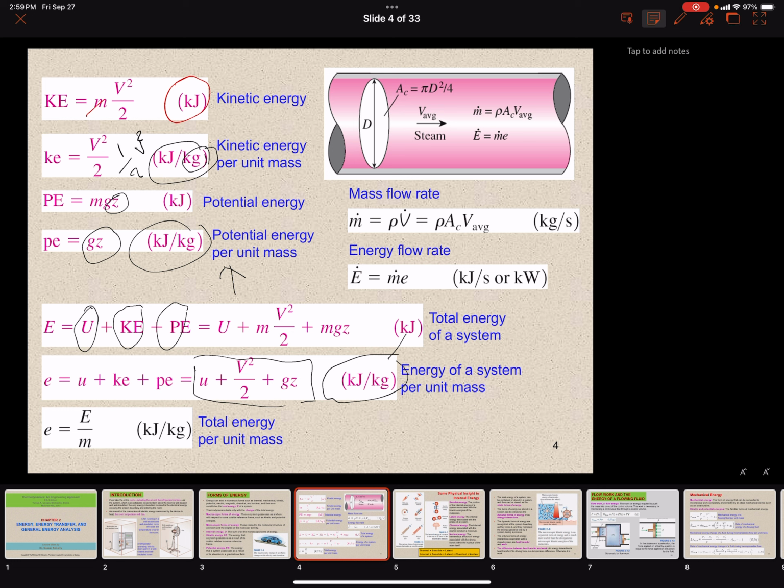If you want to make this easier for you, you can say the whole thing divided by unit mass. It will be this equation, and we know E is the total of all the forms of energy available.